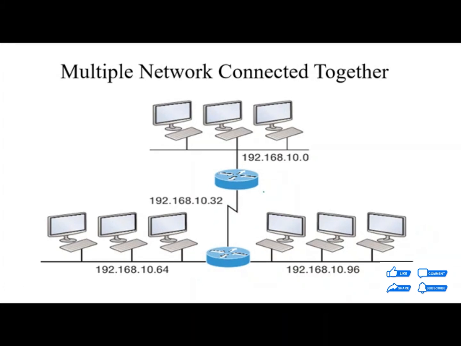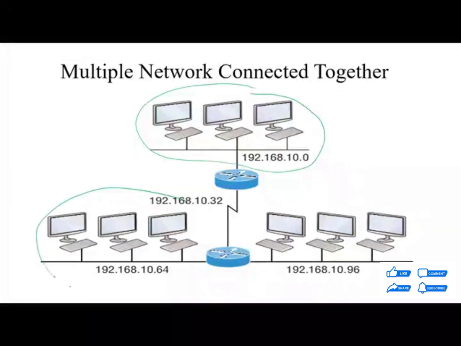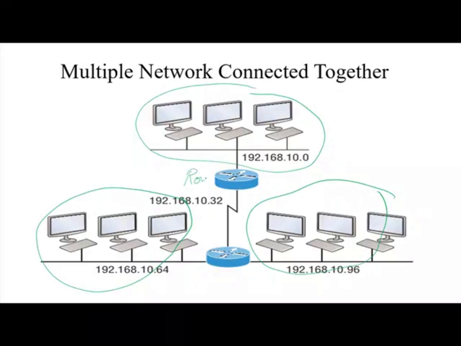Okay, so the same network is represented here with this example. In the previous diagram or image you saw it as a single network, but now here it is divided into four different networks. And remember, these represent a router. So a connection between two routers also represents a network.